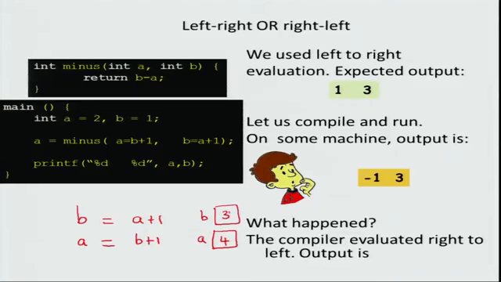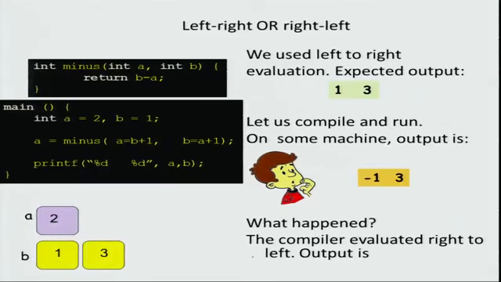Okay. So, when you call minus of 4 comma 3, minus will return 3 minus 4, which is minus 1. So, in this case, you know that b gets the value 3, a gets the value 4, and the result will be minus 1.